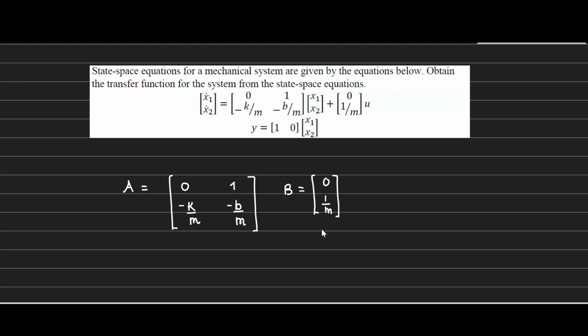And then we are also given matrix C, which is 1, 0. So these are the important information we first have to gather. Now we have to find the transfer function.